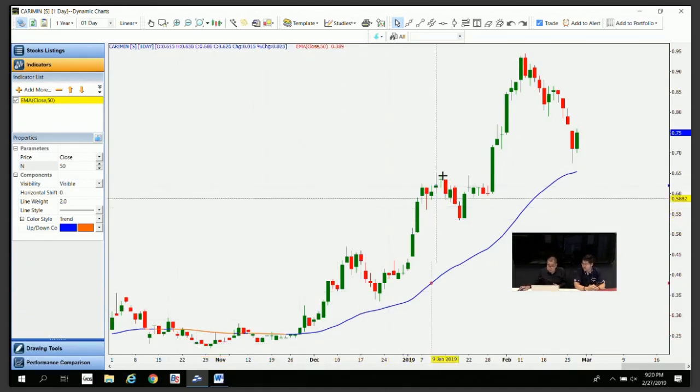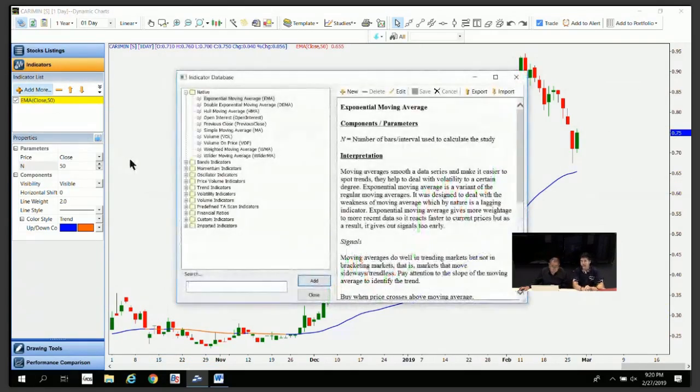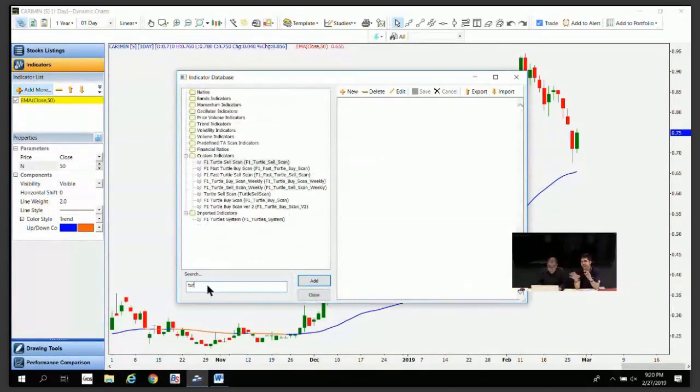Like here, you cannot be buying, it is so high. So you pull out another indicator, we call turtle. Not turtle, Donchian. So I click on add more, then we can search turtle. This turtle is already embedded in your SI station.